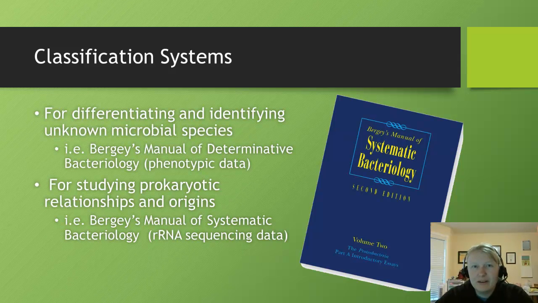This has helped us redefine several different groups of bacteria over the last several decades. So it's really important to make sure you understand that. The Determinative Manual is really good if you have an unknown bacteria that you're trying to identify, whereas the Systematic Bacteriology is good for comparing and contrasting two different microbes through their genetic sequences.